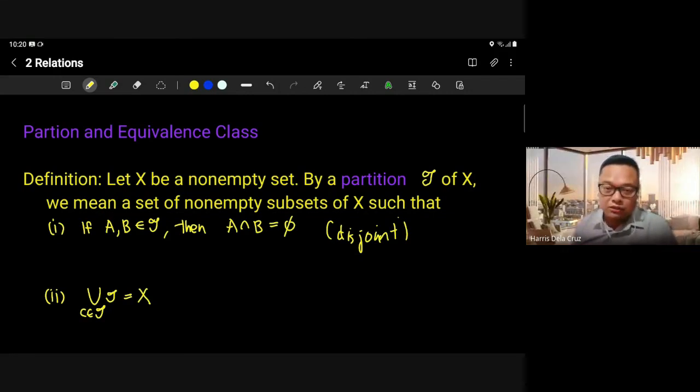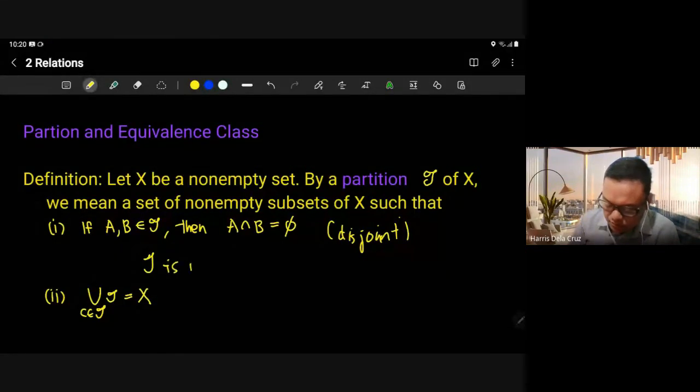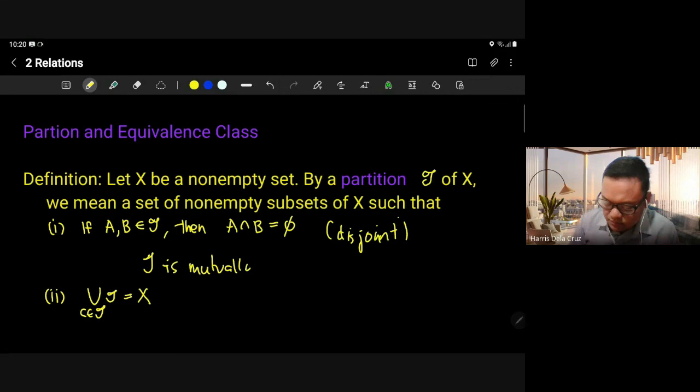So ang tawag natin dito, the partition itself, we call it a mutually disjoint partition. So T is mutually disjoint. Okay?